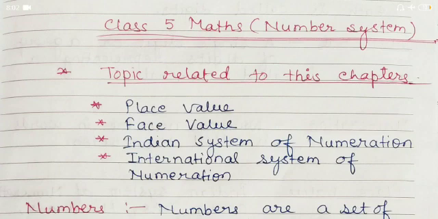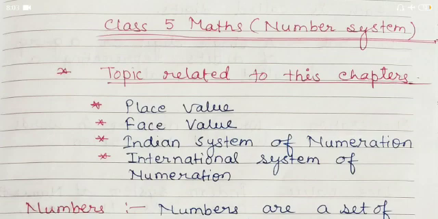Before starting this chapter, I am going to tell you the topics which I am going to discuss in this video. The topics are as follows: first one is place value, second one is face value, then Indian system of numeration and international system of numeration.